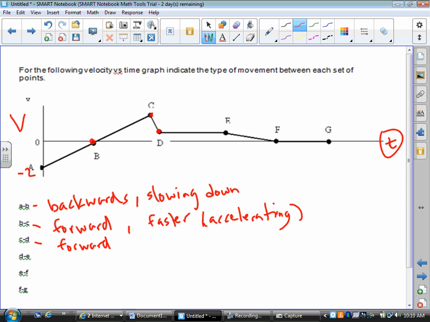On a position versus time graph, going down would be backwards, right? But because we're looking at velocities now, remember on a position time graph, I said anything with a positive slope is a positive velocity. You're going away, right? Now in this case, though, this is still a positive velocity. Let's say this is 1 meter per second. It's positive 1 meter per second. So all that's happening is the person is walking this direction, but they're slowing down.